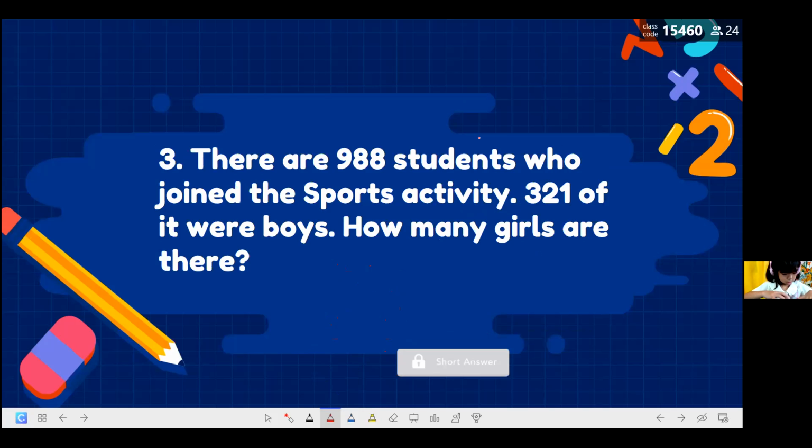There are 988 students who joined the sports activity. 321 of it were boys. How many girls are there?